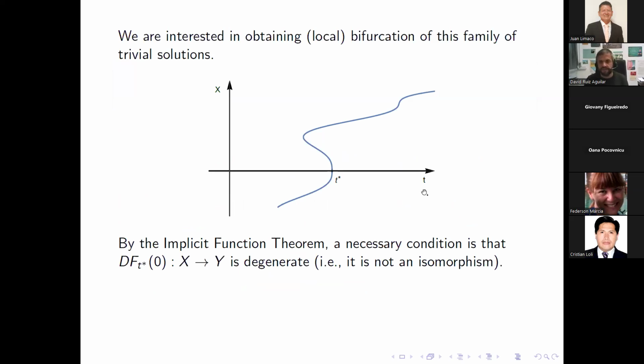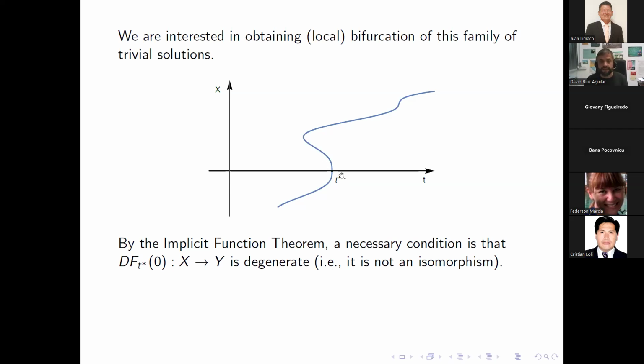Here we represent the parameter t, and here is the space X of definition. On this horizontal line, we have the set of trivial solutions, and we want to find if there exists a bifurcation departing from some point t star. If you have such a branch of solutions, then necessarily the differential of the map F at t equal to t star and 0 must be degenerate.